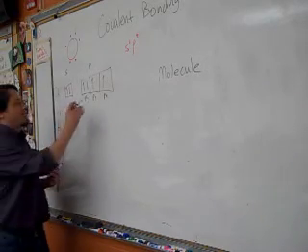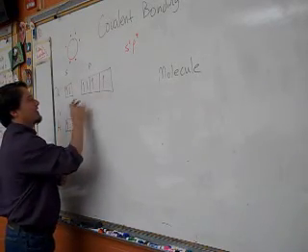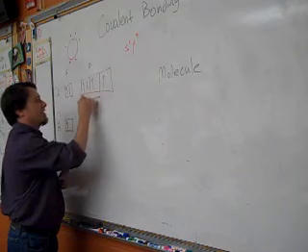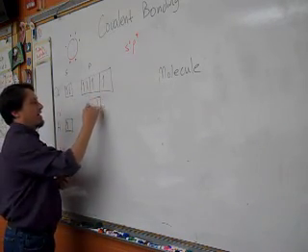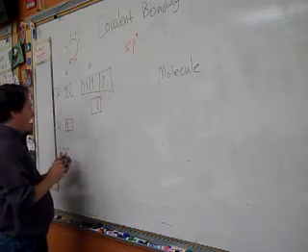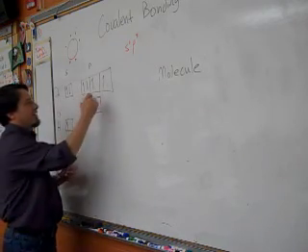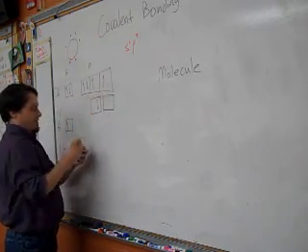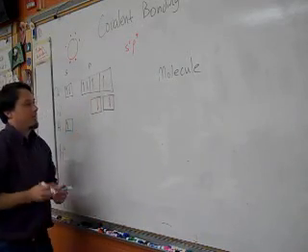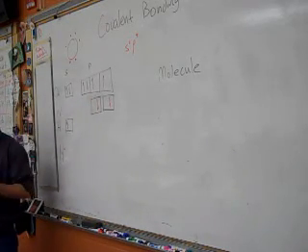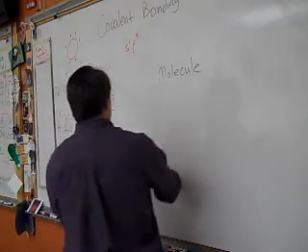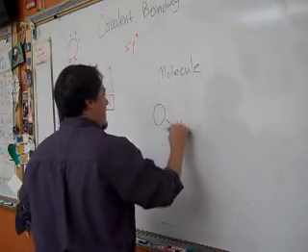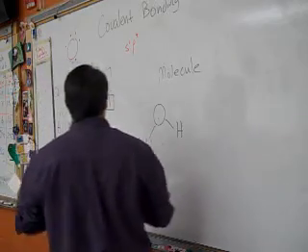Hydrogen is going to pull up here, and it's going to share. And here's the other hydrogen. It's going to pull up here, and it's going to share. Wait, there's two hydrogens? Well, right. Remember, that's what we had before. Remember, we had oxygen with the two hydrogens attached to it.